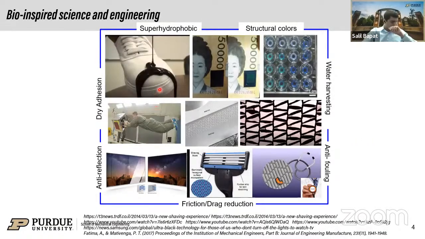You have superhydrophobic coatings, structural colors used for security purposes on currency notes, structural colors for contact lenses, and gecko grippers for in-space applications, where an astronaut is testing gecko-inspired grippers under zero gravity. You also have cutting tools based on snakeskin surfaces, antimicrobial surfaces based on shark skin, and anti-reflective coatings on TVs.